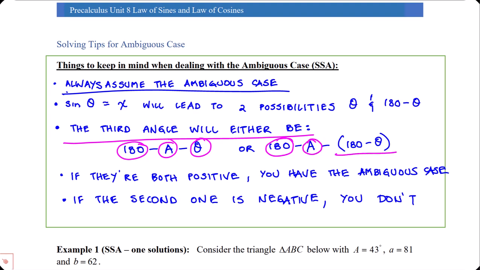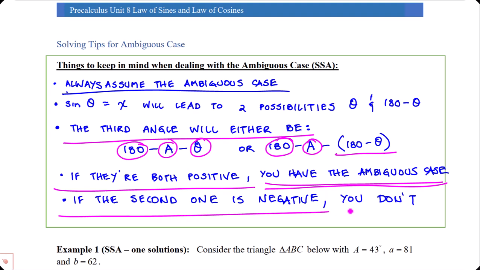I'll show you what that means later. If they're both positive, you have the ambiguous case. If the second one is negative, you don't. Again, we can talk about it, but I'd rather just show you.